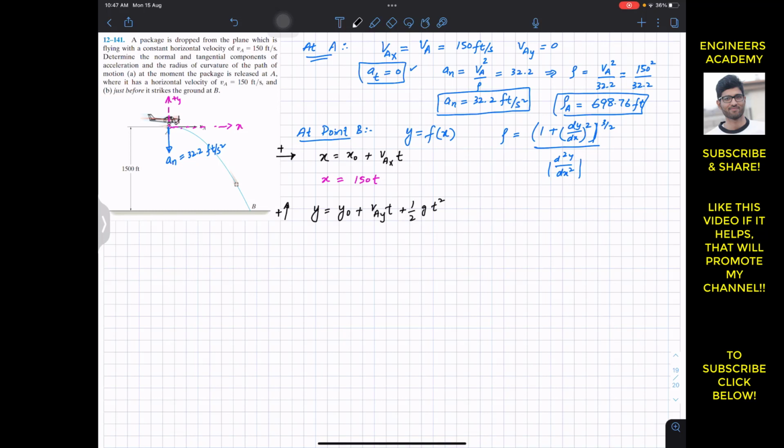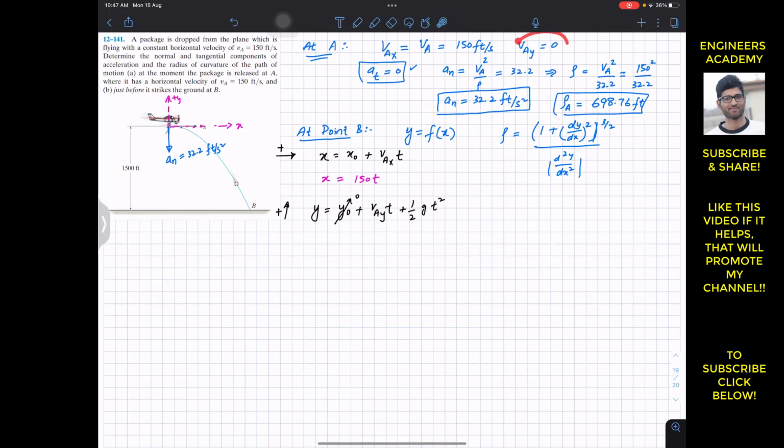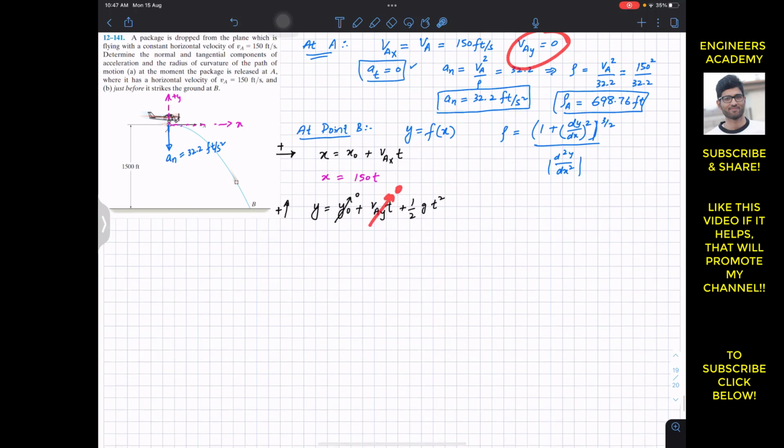Again, the package is at the origin, so x naught and y naught are both 0, and VAY is 0 as well. We will be left with y equals 1 divided by 2 times g, and g is minus 32.2.